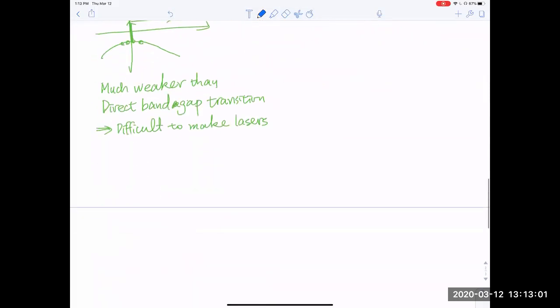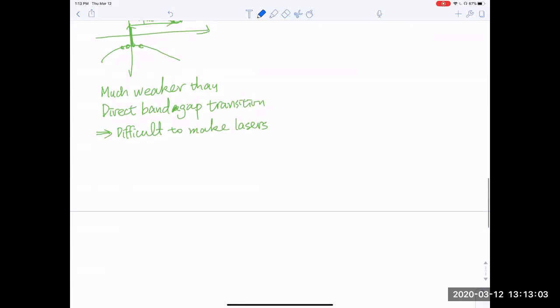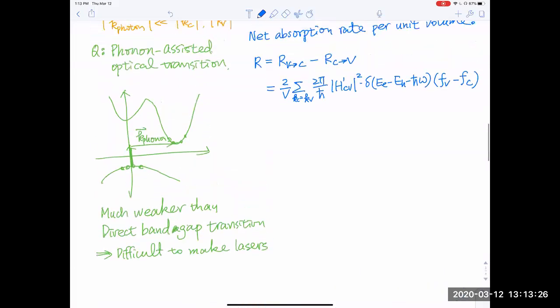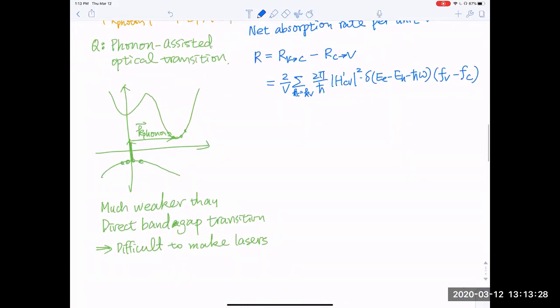What is experimentally measured is the absorption coefficient. What's the reason not to measure the absolute transition rate?